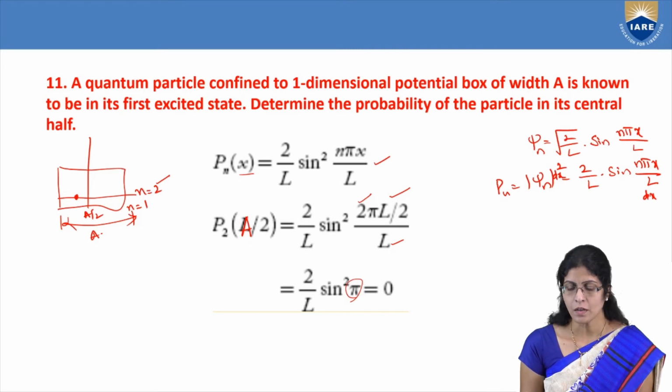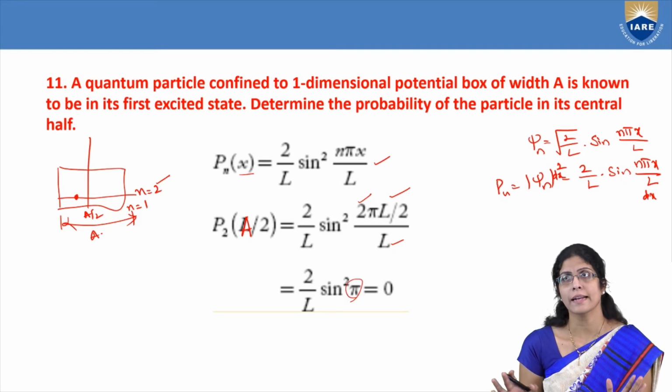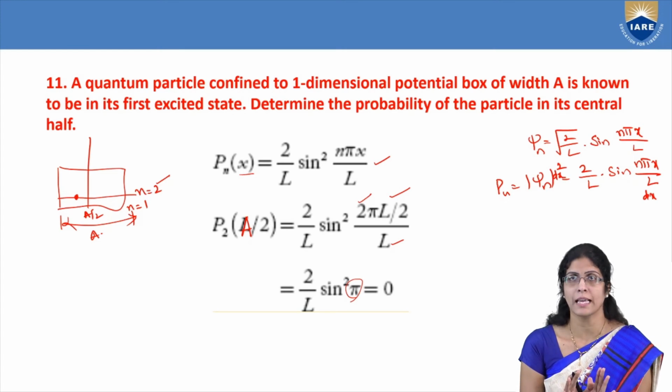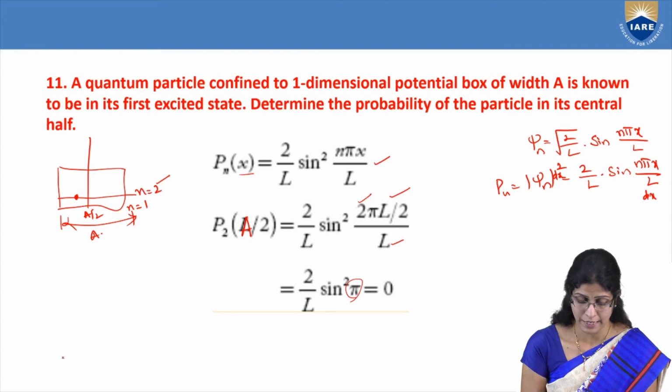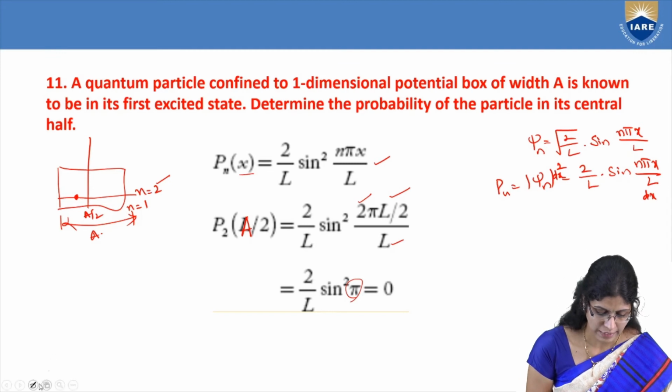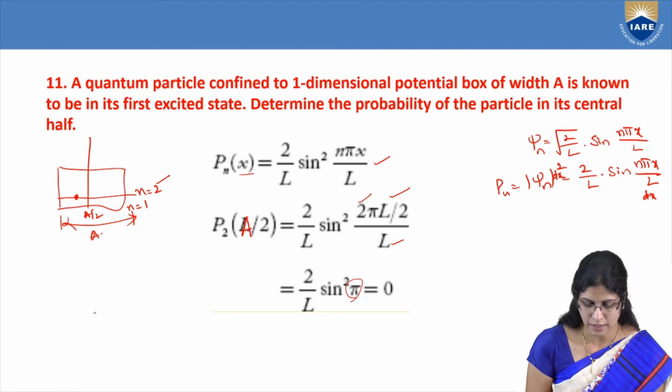So what is the conclusion here? There is an absence of the particle at the central half of this particular box of width A when the electron is excited to the first excited state. Okay, that's the conclusion which you have to write. Don't just end up in calculating this, but you have to write the conclusion.